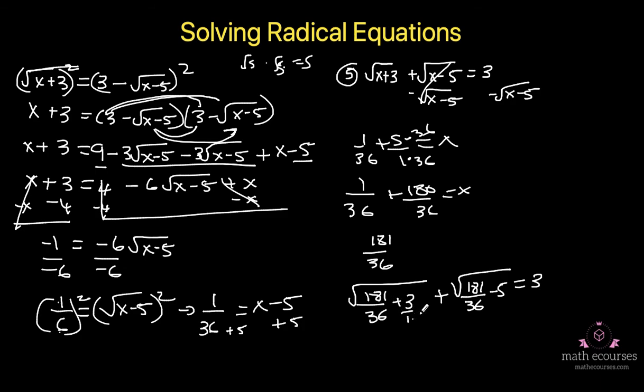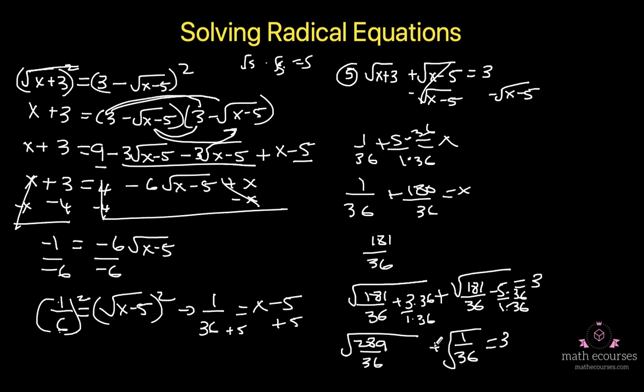So times 36 over 36, this will give me 36 times 3 is 108 plus 181 is 289. Yeah, this was a very complicated one I chose. Normally they're not this bad. Plus, same thing here, over 1 times 36 over 36. This time I have 36 times 5 is 180. So 180 minus 181 is 1. So I have 1 over 36 there to see if it equals 3.